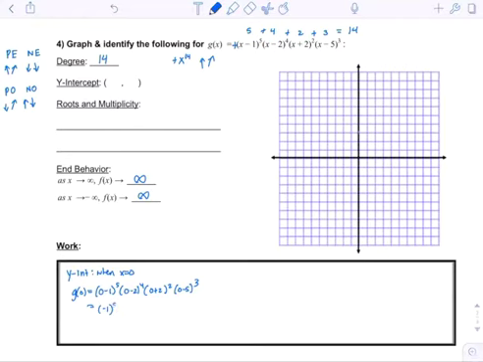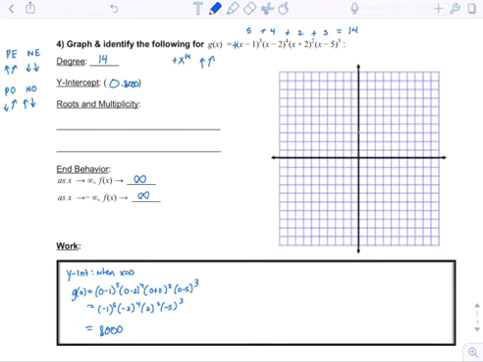Negative 1 to the 5th times negative 2 to the 4th times 2 to the 2nd times negative 5 to the 3rd. On your quiz, it's going to fit the graph, so this was my bad when I made this problem because I didn't realize how big this was going to be, but it's going to be 8,000. So (0, 8,000).